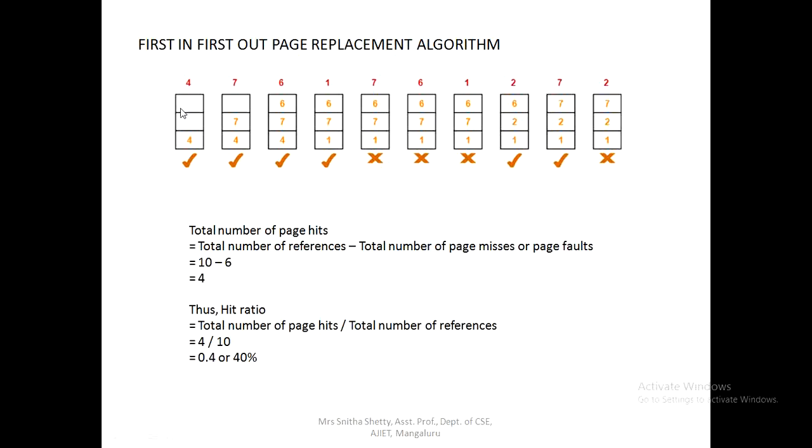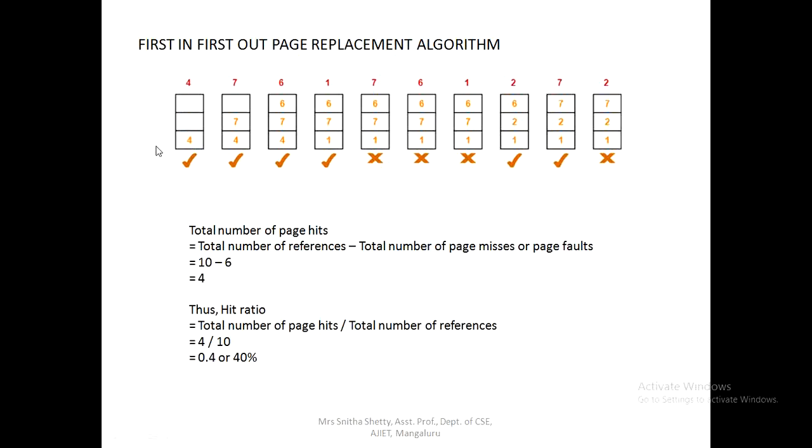Initially the frames will be empty, no data will be there in the primary memory, in the main memory. Now I want to place this 4. The locations are free, f of 0, f of 1, f of 2. When the processor asks for the data 4, since 4 is not there in the primary memory, the operating system will bring the data from the secondary storage into the primary memory and place it in the f of 0 location.